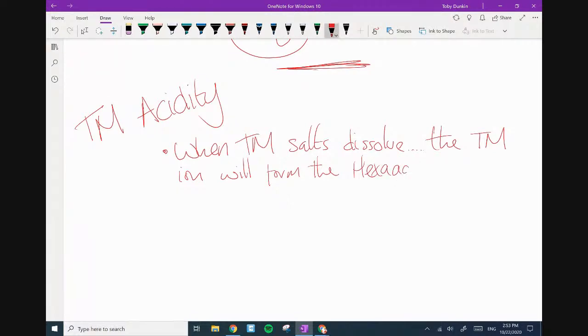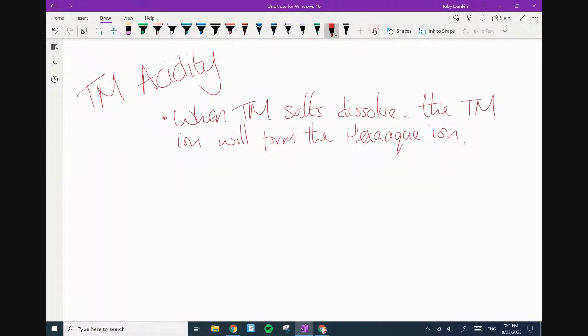It will immediately coordinately bind to water, will immediately form the hexaaqua ion. So here's what it looks like. White copper sulfate, anhydrous, add to water.